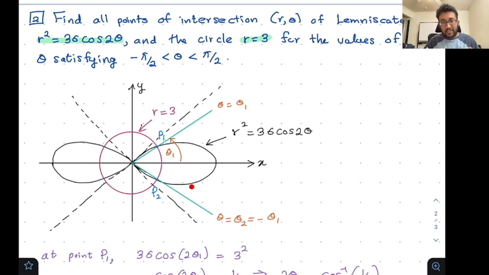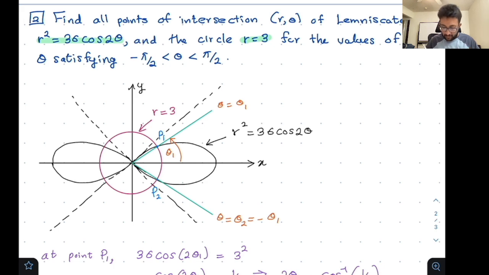But since I am measuring theta 2 in the clockwise direction, that would be negative, right? Therefore, theta 2 is going to be equal to negative theta 1, right? In magnitude, it is equal to theta 1, but since we are measuring in the other direction, theta 2 is going to be equal to negative theta 1, right?